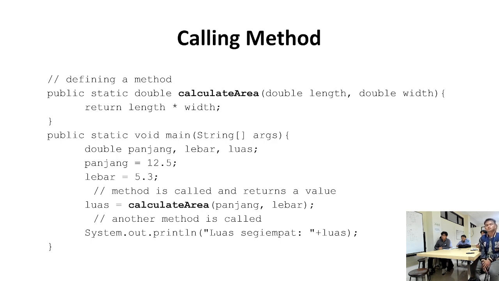The return value is caught by variable luas that we defined before as double, right? Why should it be double? Because panjang and lebar are double types. So to accommodate some double value, you should use double.